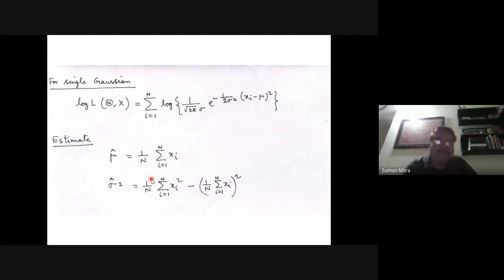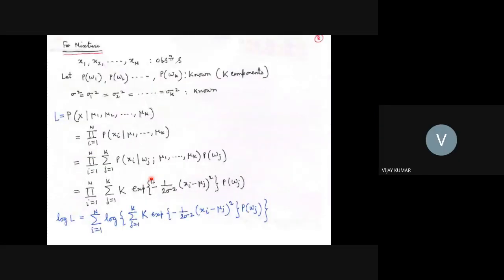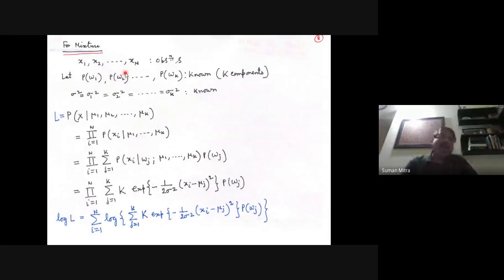Now come to the finite mixture model. In case of the finite mixture model, it is not so easy to find out the maximum likelihood or the maximum of log likelihood.